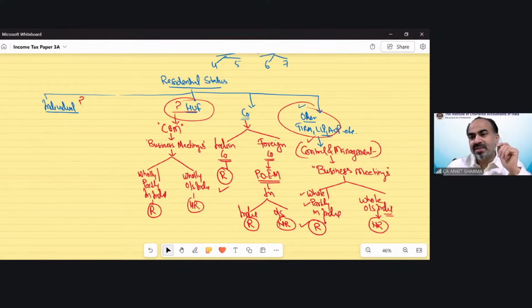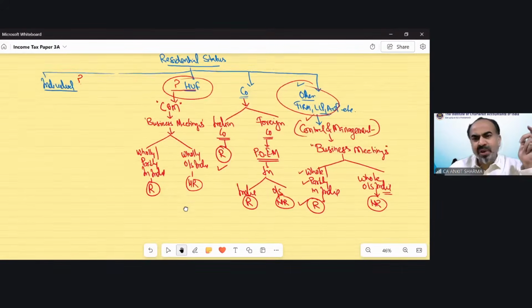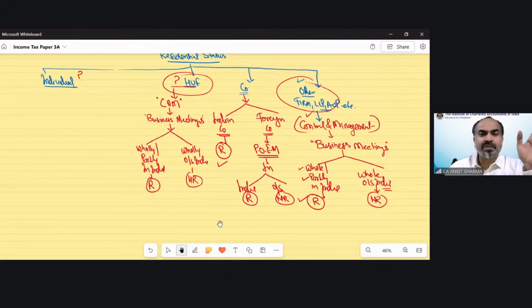So the correct answer is there is no difference yet. Till now, there is no difference. They are exactly the same. The control and management, the business meeting, wholly or partly in India, wholly outside India, there is exactly the same provision. And if there is no difference, then why are we showing the details of HUF separately?